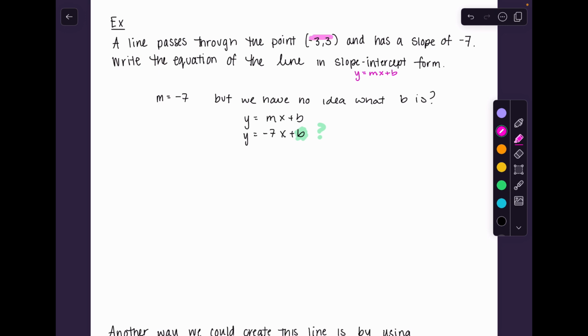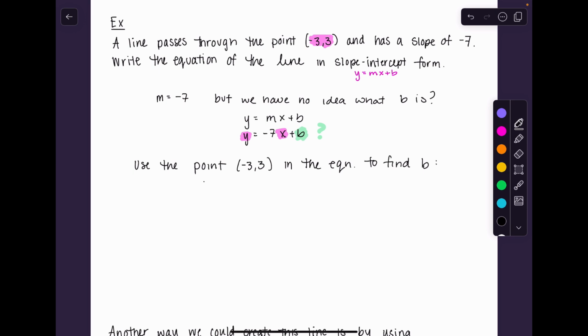So I'm going to plug this in for my values of X and Y. And then utilizing that, B will be my only unknown, and I can solve for it. So we're going to use the point -3, 3 in the equation to find B.